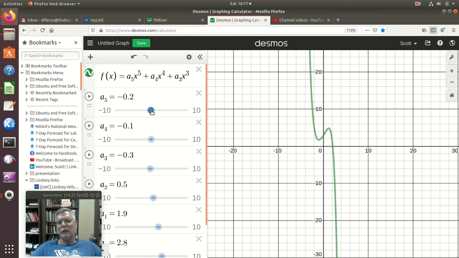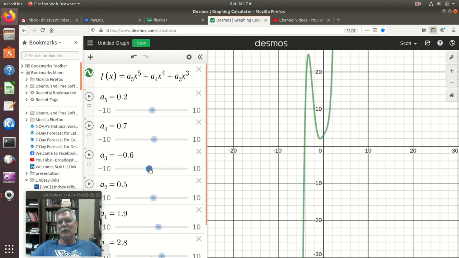And if I try adding the 5th, I don't know if I can get it. And I can start messing with these. Ooh, look at that. That's starting to look pretty strange. Ooh, there we go.